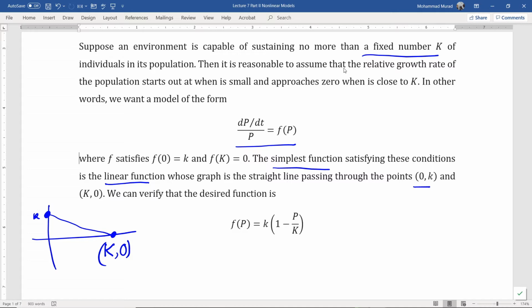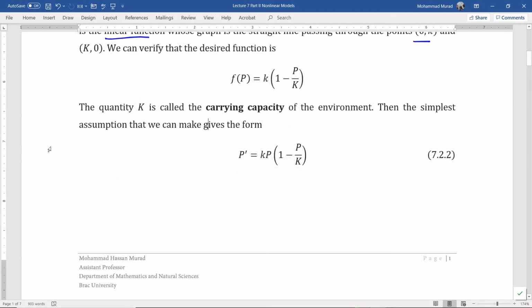We can verify that the desired function has the form f of P equals k times (1 minus P over K). The quantity K is called the carrying capacity of the environment.